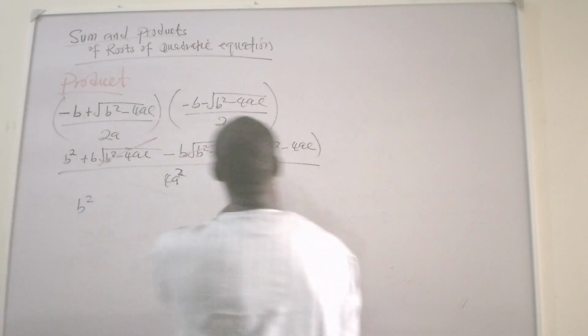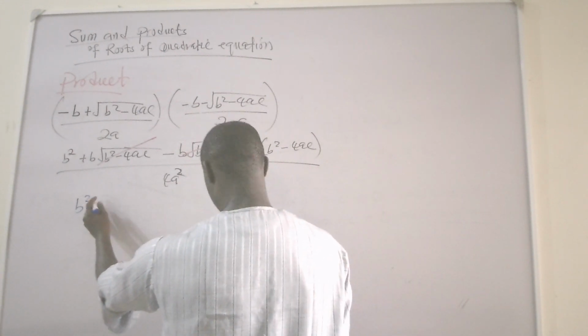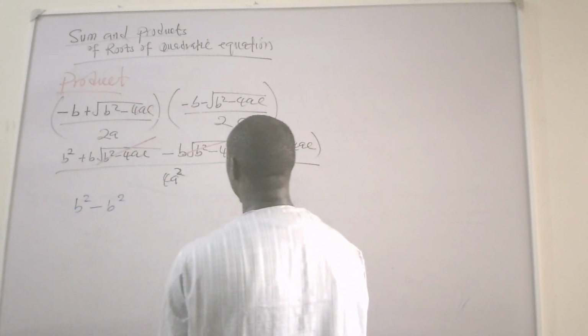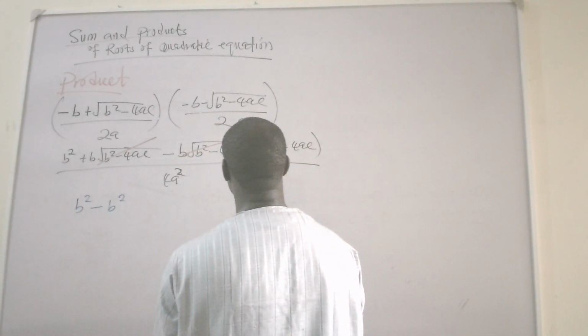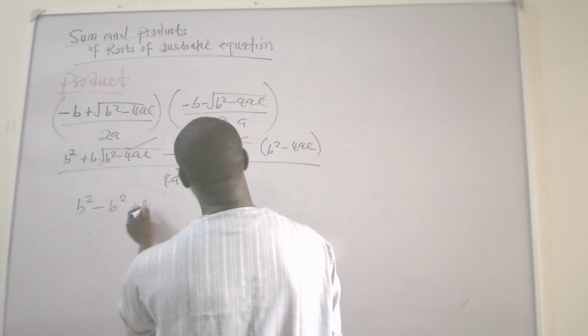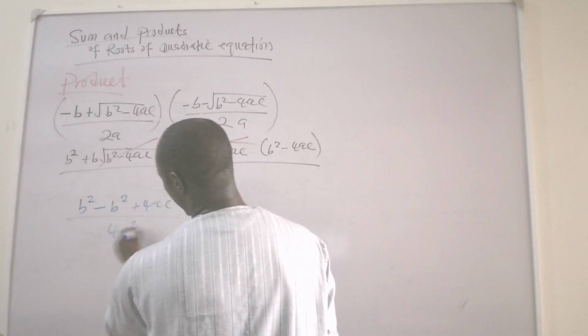So therefore, we are left with b squared minus b squared, then plus 4ac divided by 4a squared.